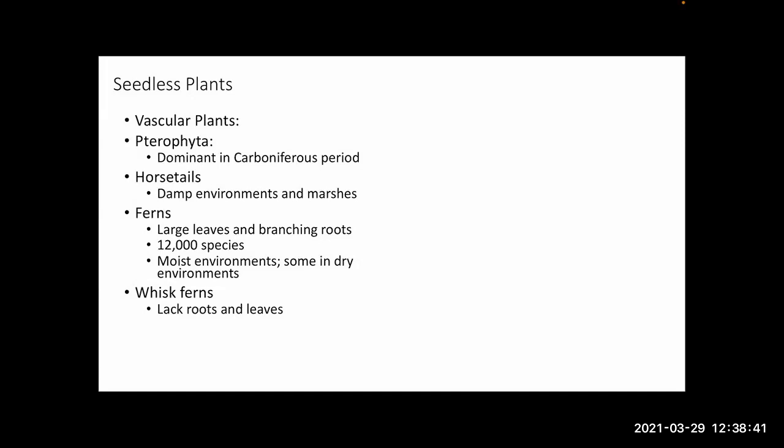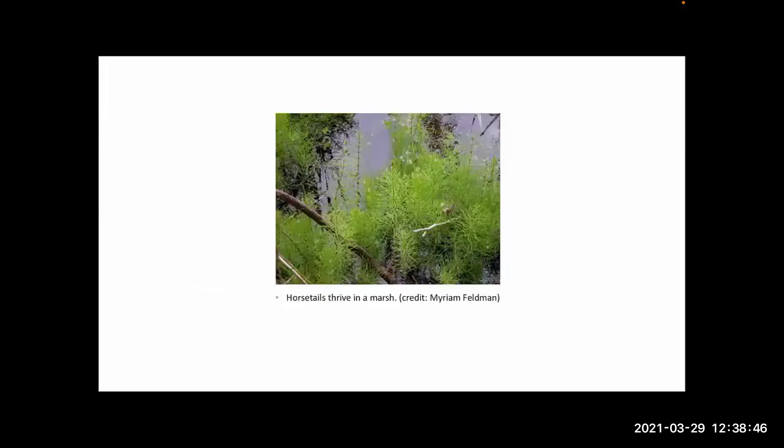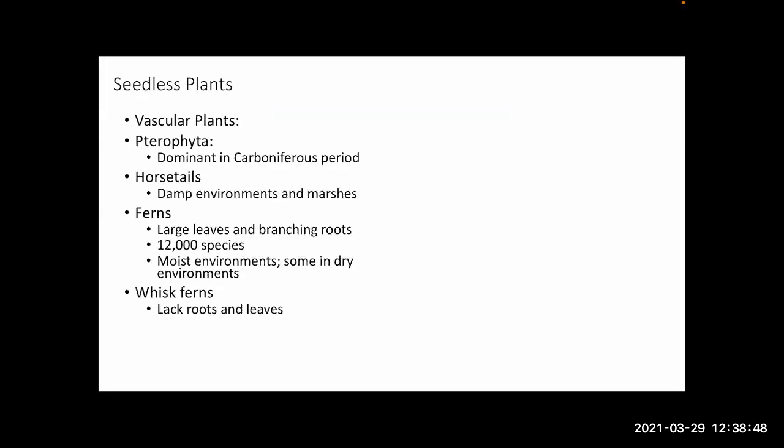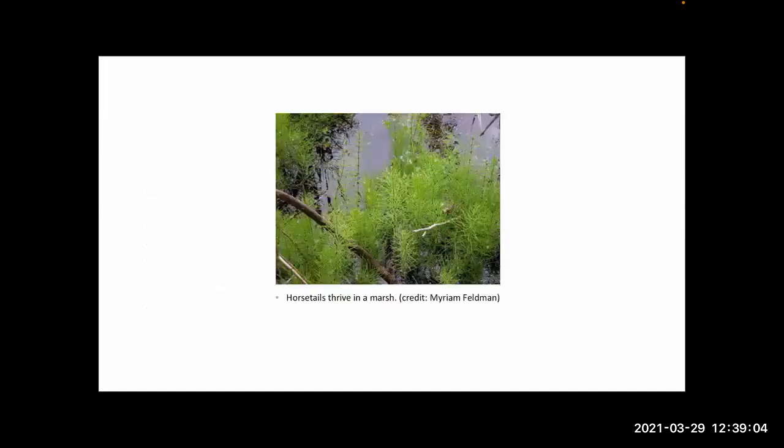So you have your horsetails, your ferns, and you can have whisk ferns. I believe we have an image, I'll show it to you in a second. What's interesting about whisk ferns is that they actually lack roots and leaves. And horsetails actually have modified stem structures that serve as their leafy-like structures.